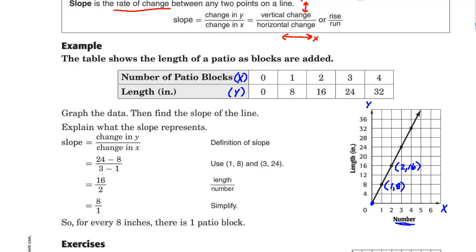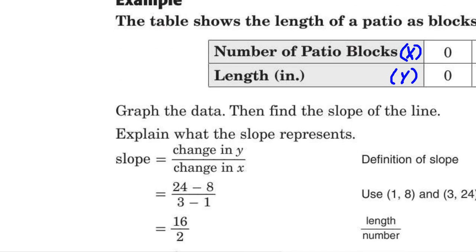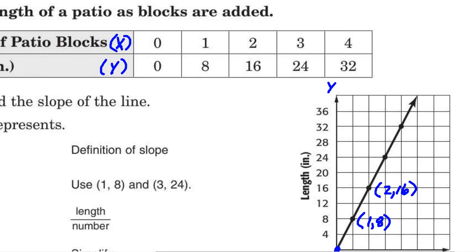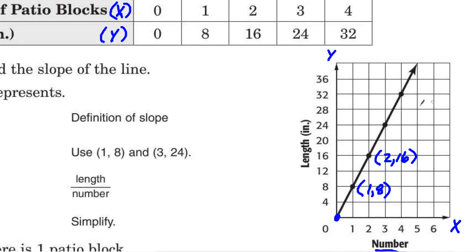I'm going to zoom in on the graph itself just to make it really easy for you to do this work. The next is 3 blocks and 24 inches right there in the table. And the final is 4 blocks and 32 inches.